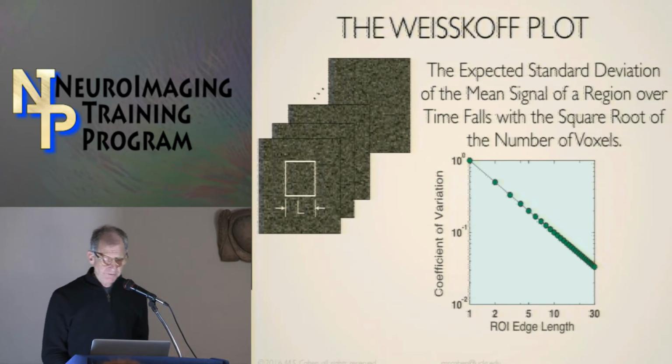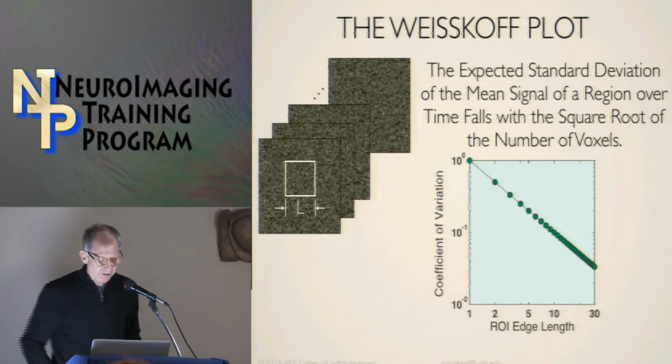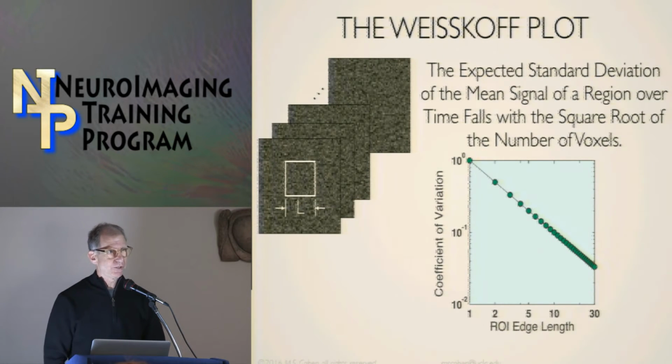Okay. So the final couple of slides refer to one of the more interesting omnibus tests that's being done now for scanner stability. This is the so-called Weisskopf Plot, invented by Robert Weisskopf. What you do is basically take a few hundred pictures of noise, or of a phantom with uniform signal intensity, and you measure the standard deviation within a square region on the scans.